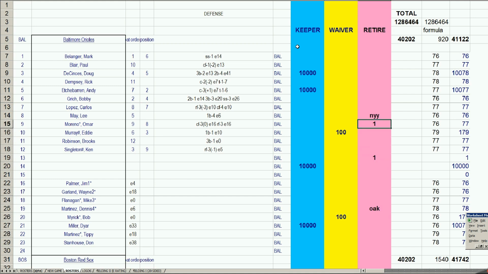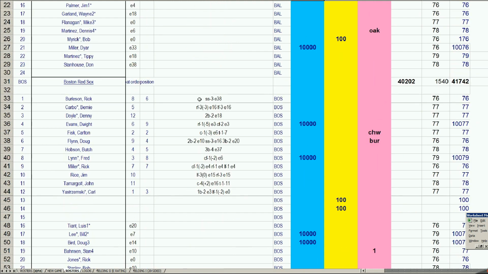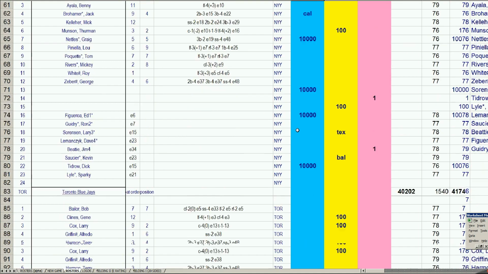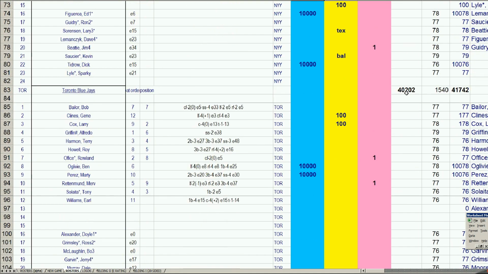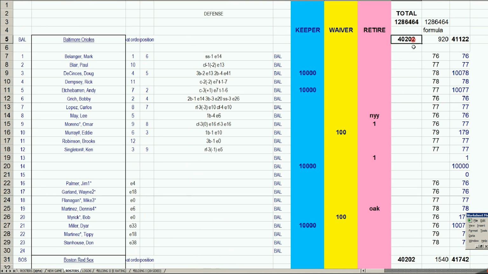Now I have a formula in this cell right here, and it's the same for all the teams. As I scroll down, this is the Red Sox, and then we go to the Yankees. It starts with the American League East and scrolls all the way down through the National League West in regular order. The formula adds up the numbers.